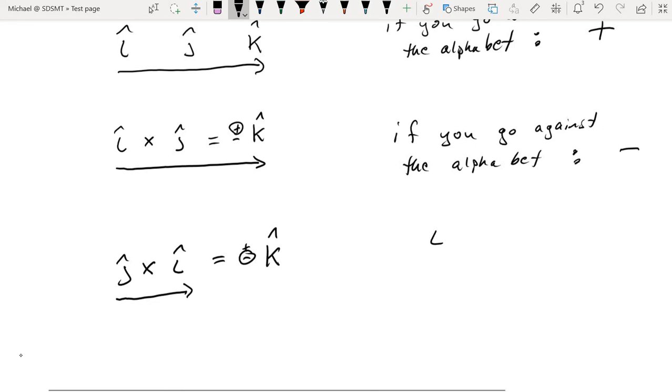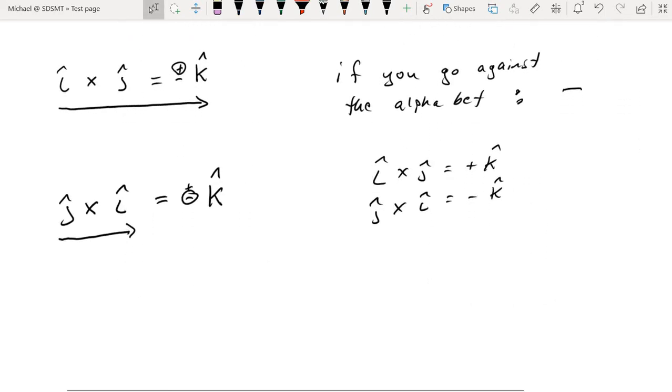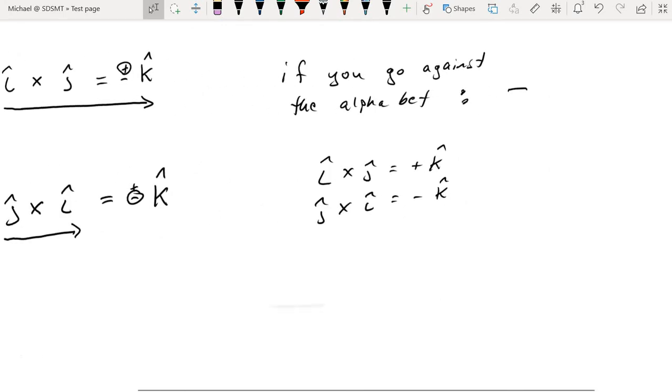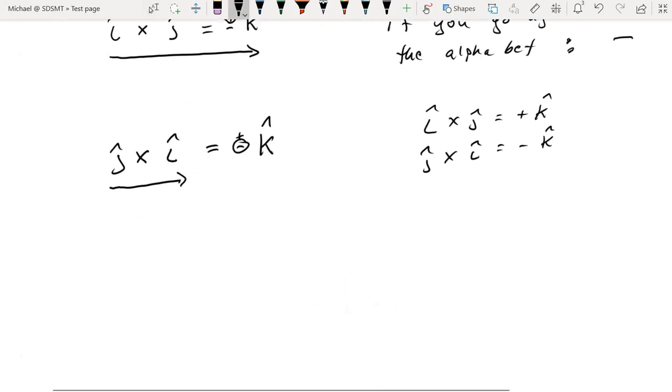So we'll keep track over here of what evaluations we've had so far. And let's try the next combination. Let's try j hat cross k hat. We've already used j and k, so we know that the only option is an I hat for the result, but is it positive or negative?